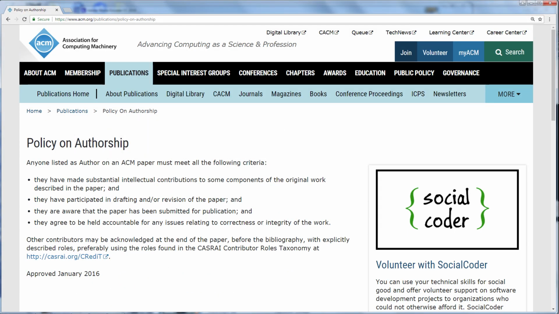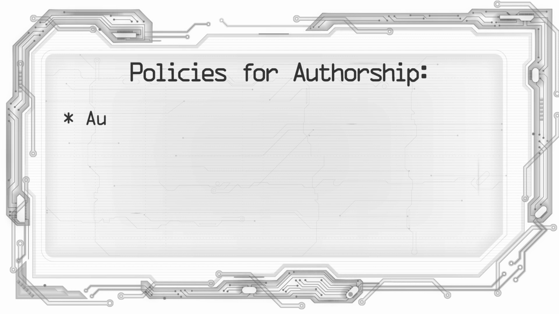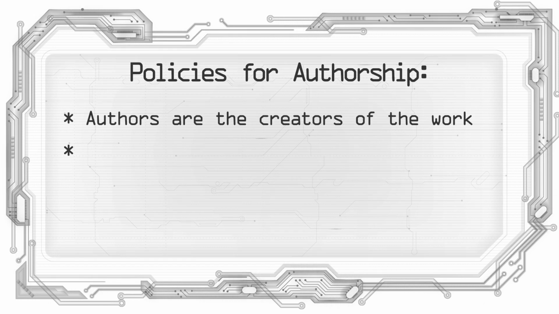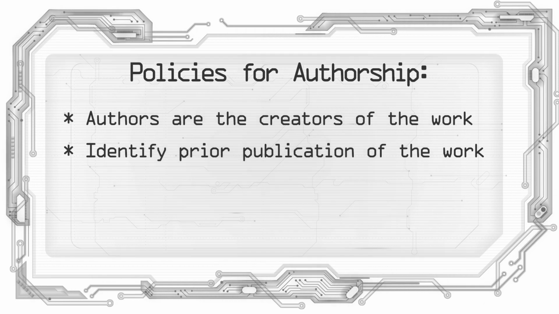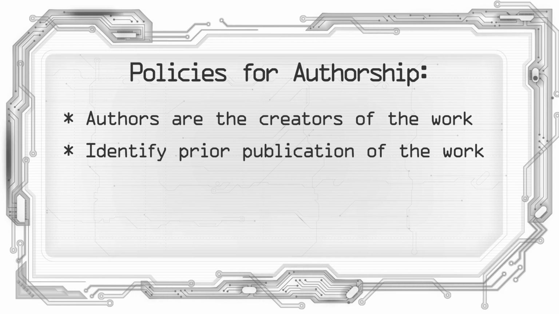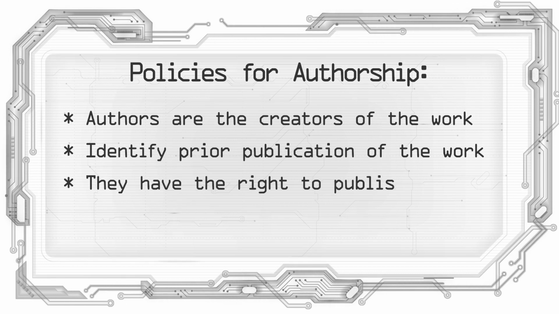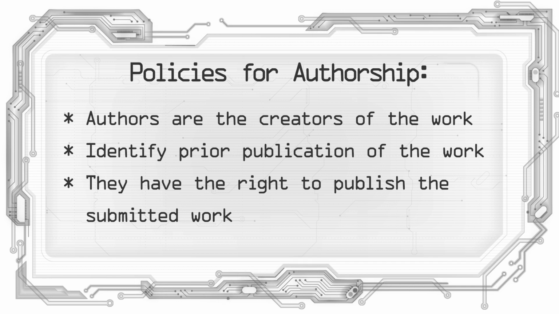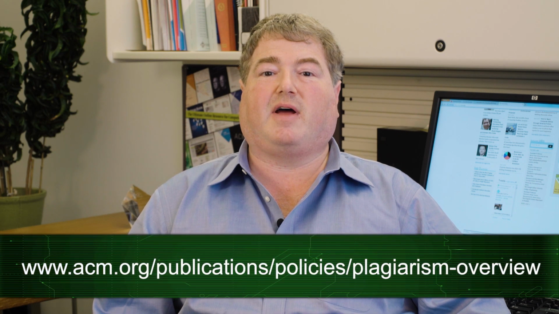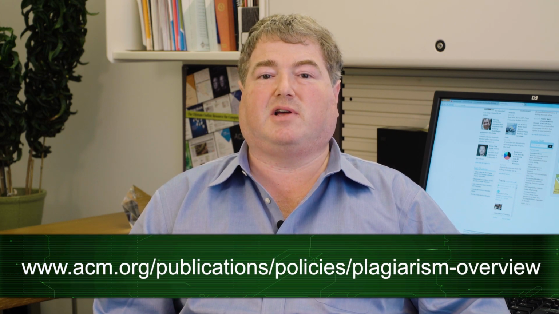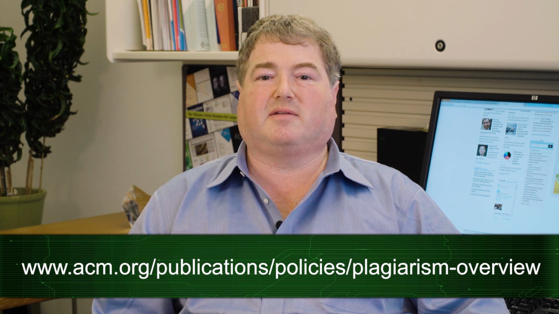These policies are designed to ensure that the authors are the creators of the work, that they identify any prior publication of parts of the work or simultaneous submissions, and that they have the rights to publish the work they submit. And as Laura mentioned earlier, we check every submission for plagiarism. You can find out more about ACM's policies on plagiarism at this link.